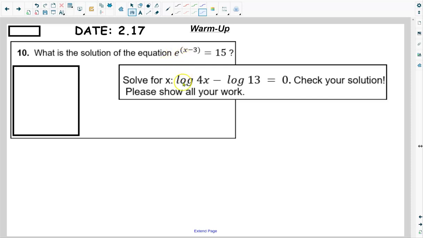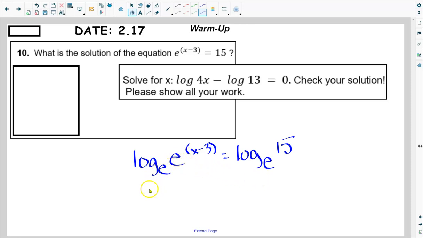Anyway, so number 10, I'm looking at the CBA 8, and I'm wondering what could have caused some of you guys problems, okay? So number 8, what we would have done is just understand this is an exponential. So we want to introduce the logarithm, right? So we're going to go log base e of e^(x-3) equals log base e of 15, okay?